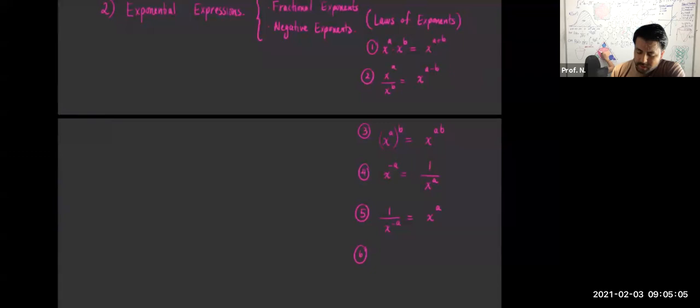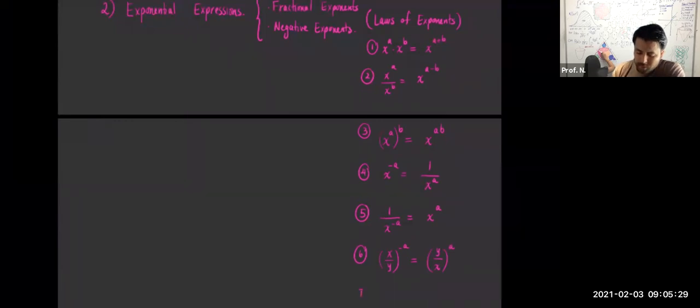Another one, if you have a fraction, for example x over y raised to the negative a, then how do you make that expression have a positive exponent? You just flip the fraction, like so. So these are the major laws of exponents.